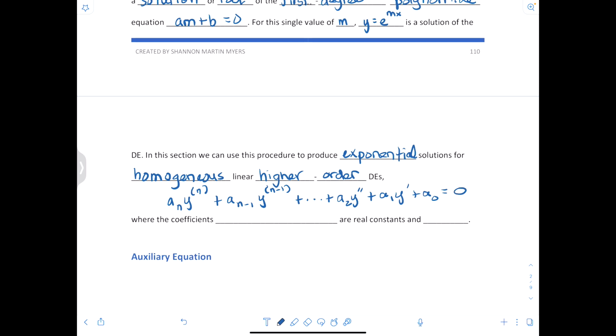So still homogeneous, where the coefficients a sub i, where i is equal to 0, 1, 2, all the way down to n, are real constants, and a sub n is not equal to 0.